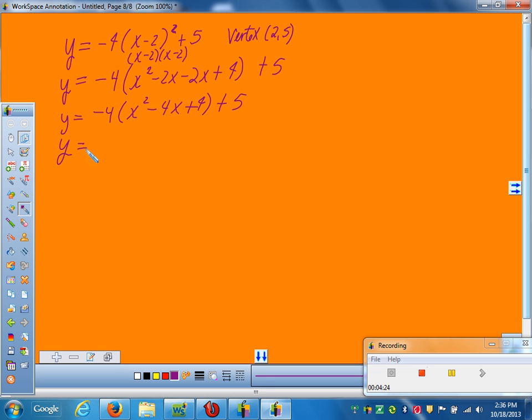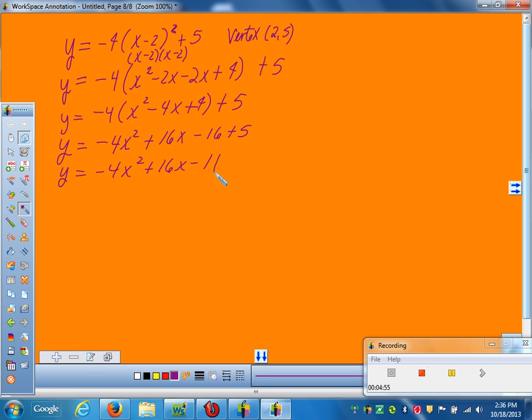Now if I distribute -4, being careful here, -4x squared, what happens with the x's? Positive or negative? Positive 16x. And we have a -16 and a +5. And then last but not least, I can add the two numbers on the end, and -16 plus 5 is going to make -11. So there is standard form for this particular problem.